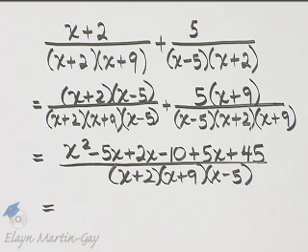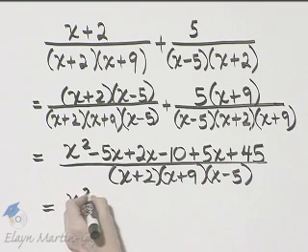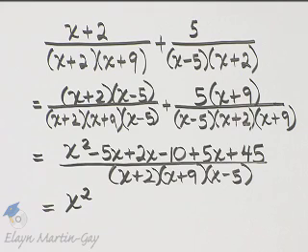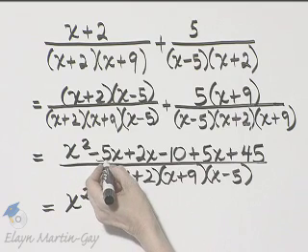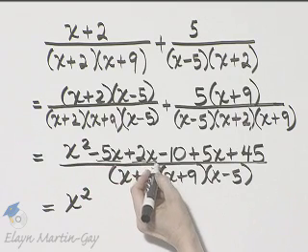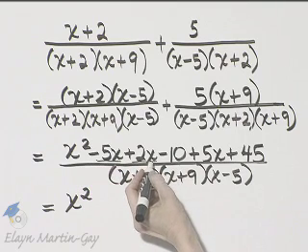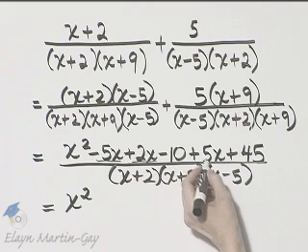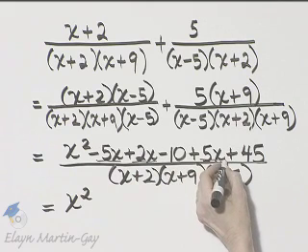Let's see, I have x squared. I'm combining any like terms, so I'm looking for like terms. There's my only x squared. There is negative 5x plus 2x, that is negative 3x, and negative 3x plus 5x, that's 2x.